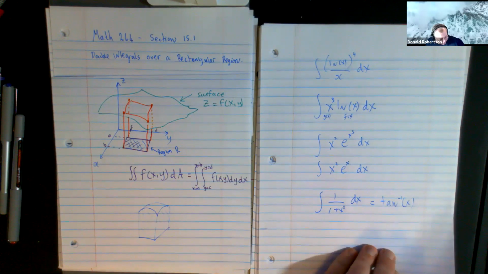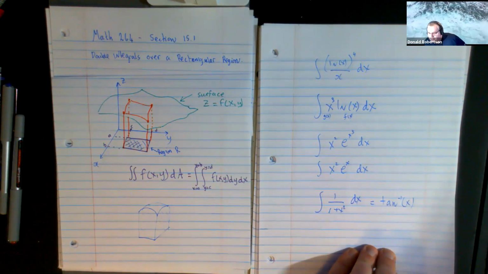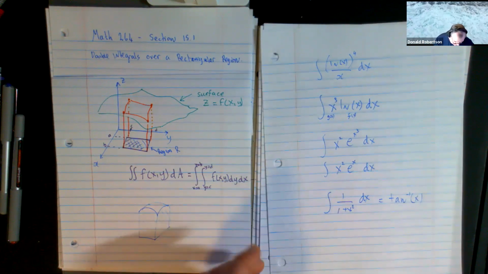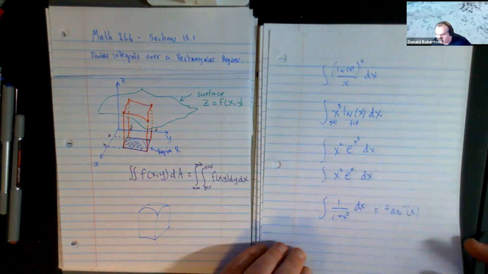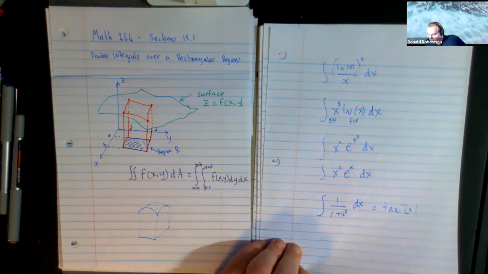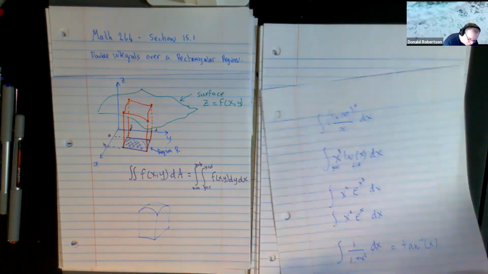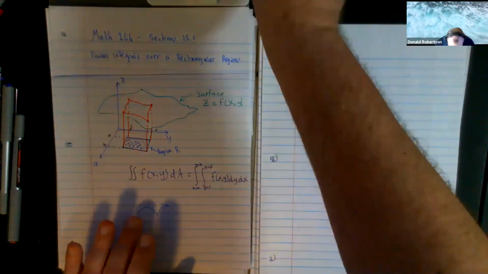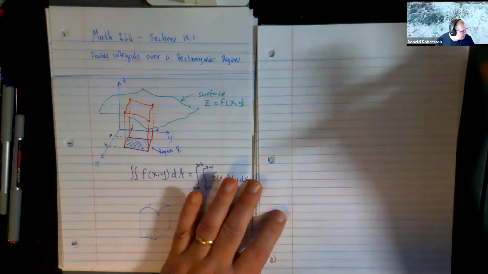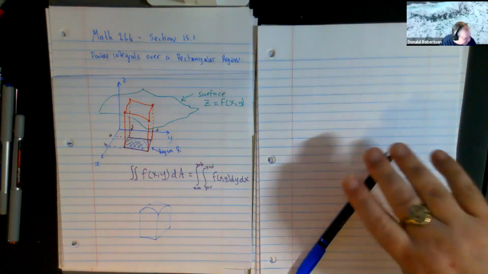So that's something you've got to get. If you got a little bit rusty on it, you may want to go and look at standard integrals and maybe practice some techniques. The techniques that you're likely to use are the power rule, u subs, or integration by parts, right? They're the kind of bread and butter techniques. And on top of that, just having a good memory for the standard integrals will do it.